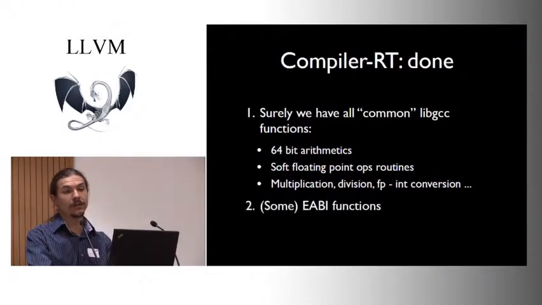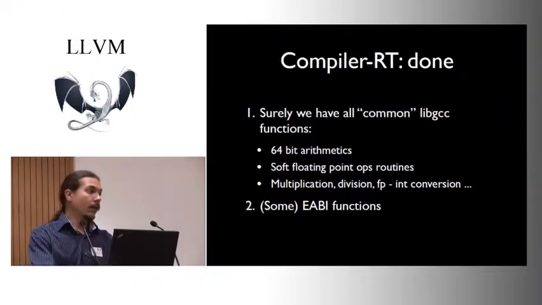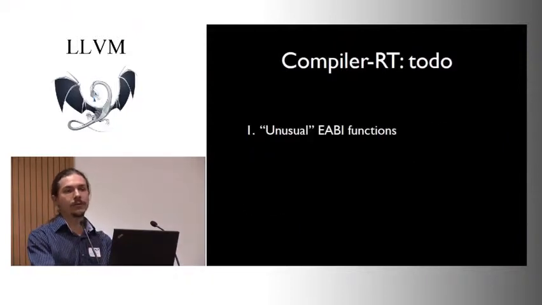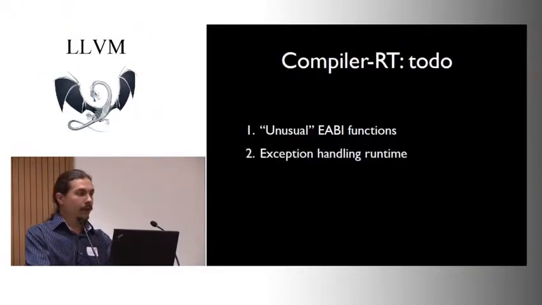Here, some means those functions that have direct equivalents in libgcc. We still have to add some more extended ABI functions, mostly those which are not directly connected to the libgcc functions. There are a number of them.